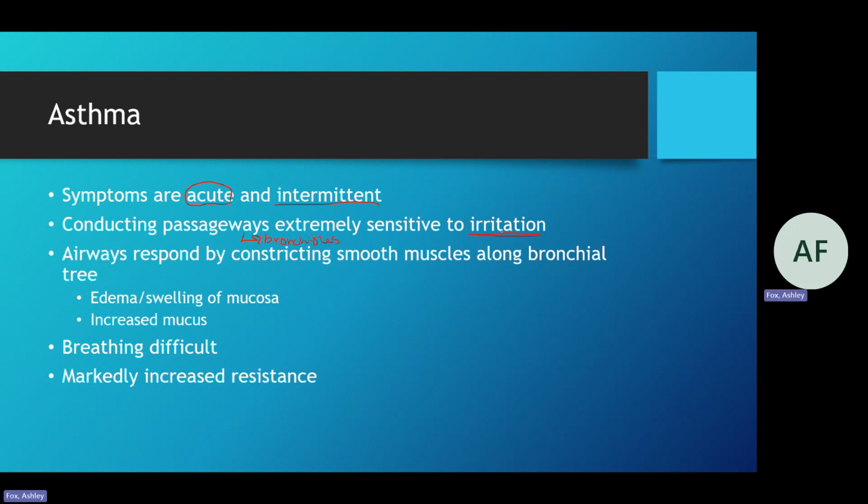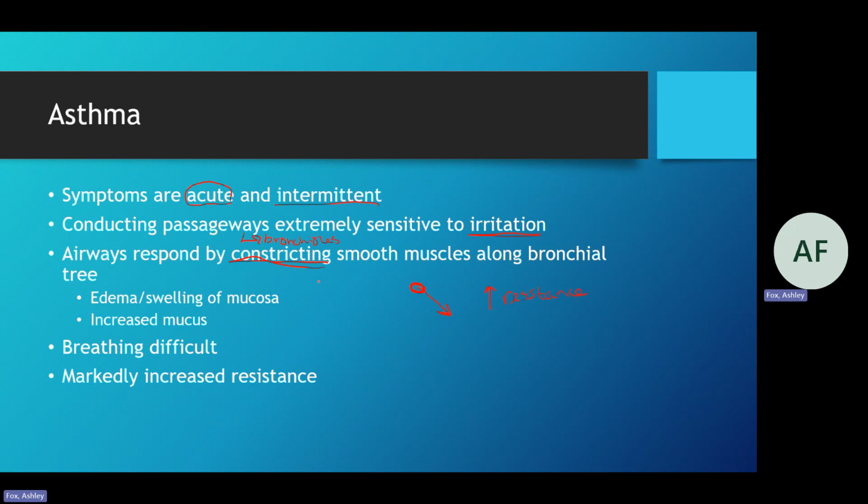So the irritation comes in, the bronchioles are going to constrict. Well, what's going to happen with constriction of smooth muscle? You're going to bronchoconstrict. So you're actually going to make your diameter smaller. It's harder for air to get down into the alveoli, so you're increasing your resistance this way.